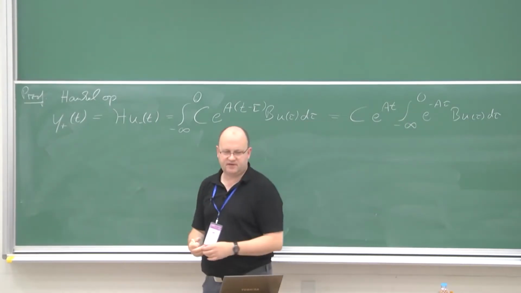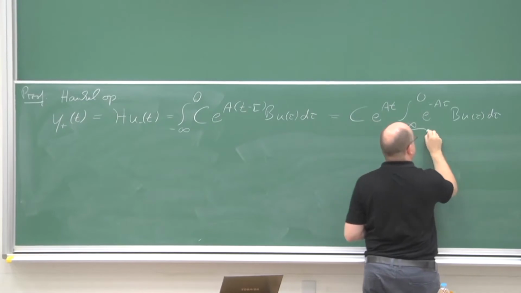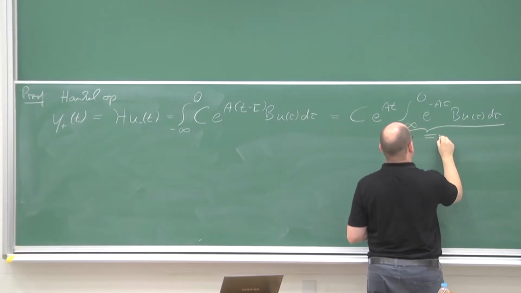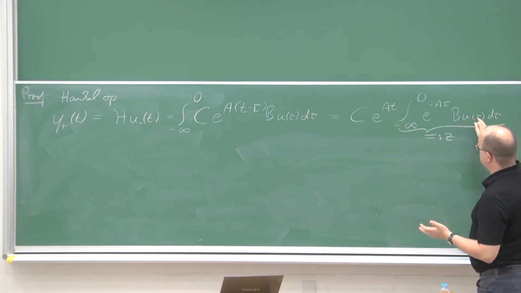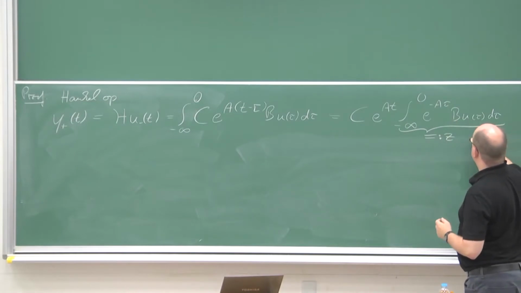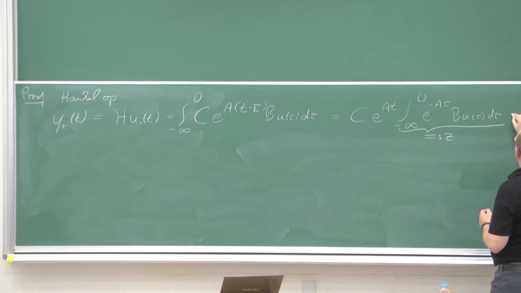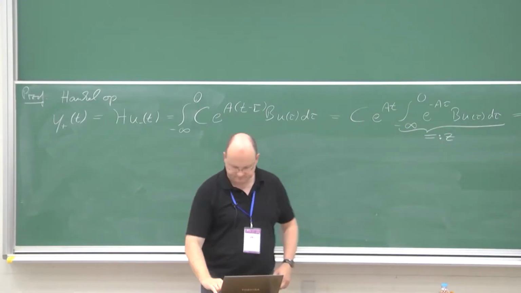That's an integral that you can compute, and we call that value that you compute there, that vector, z. Gives us a nice compact form.